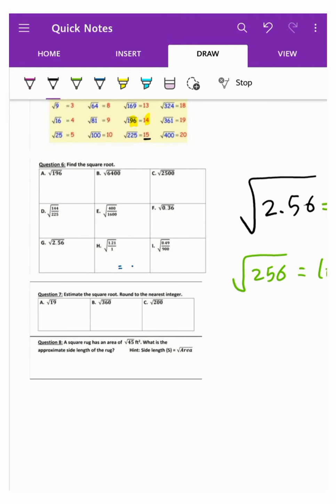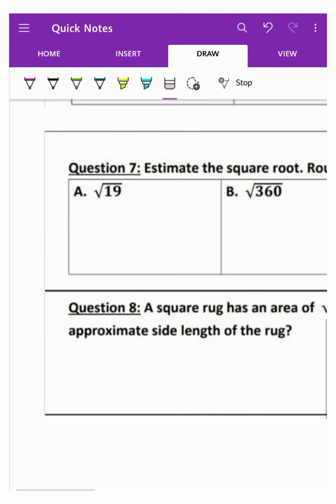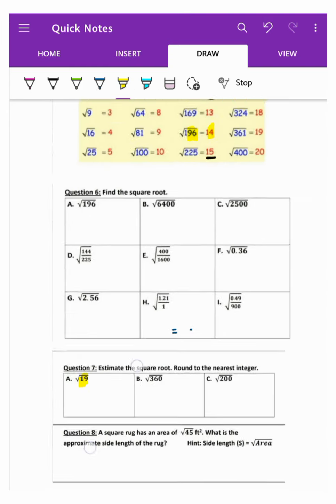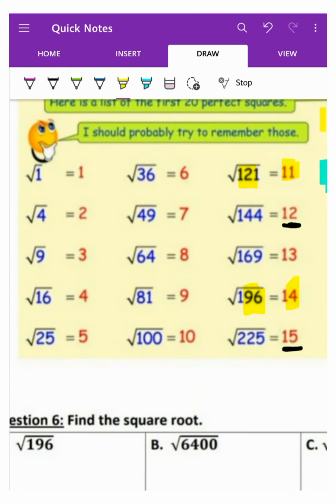Now the second part of this lesson is estimation, and it is easy. For example, the square root of 19. The 19 is not a perfect square, you cannot find it here, don't try. But you know that the square root of 19 comes between what and what?